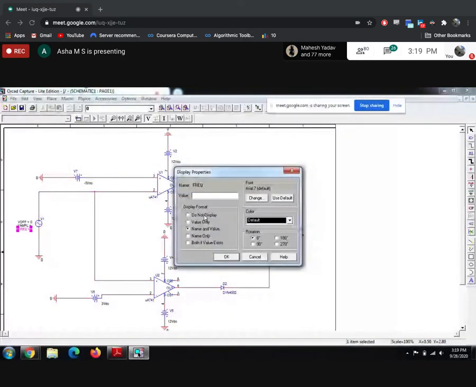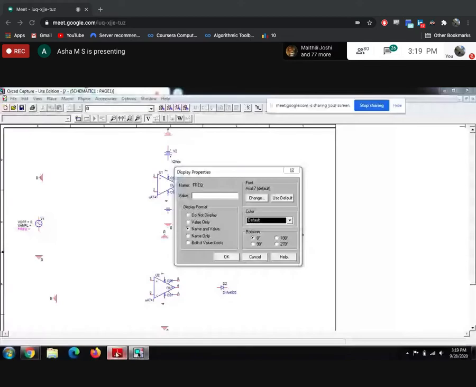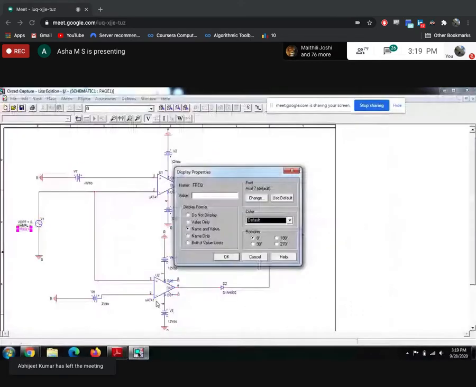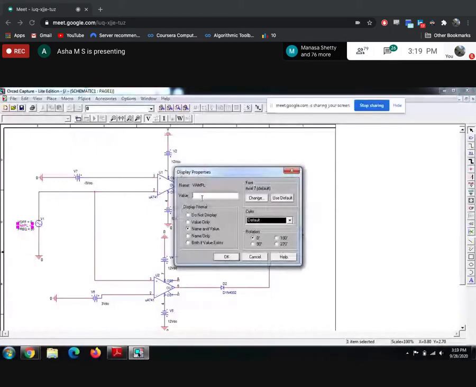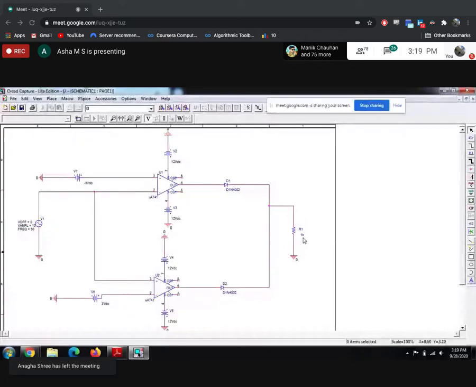Frequency is 50 hertz. The amplitude is 10 volts, that is the peak to peak voltage. Then the resistor value is 1 k. All the values are set.